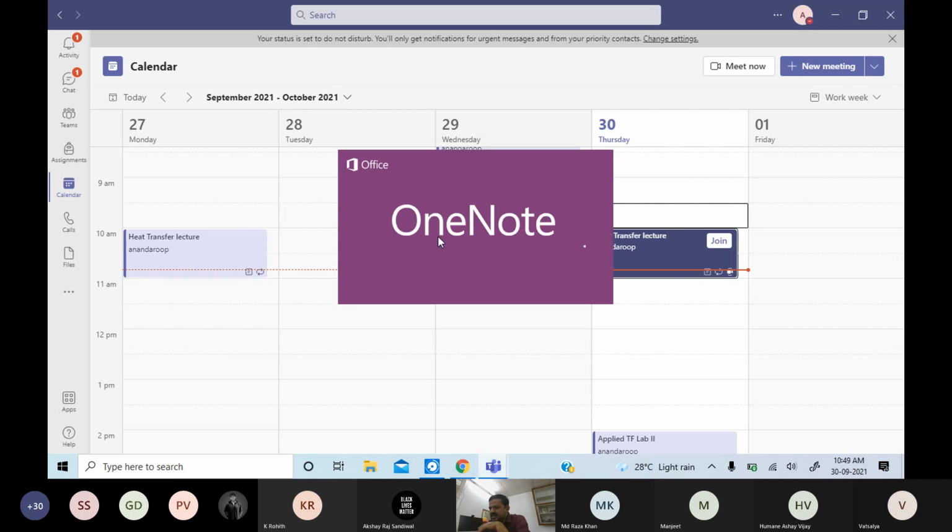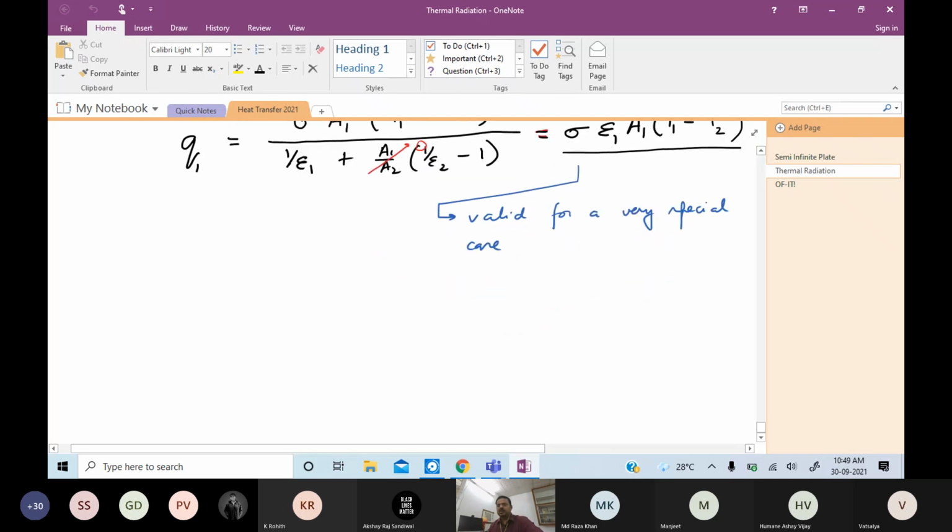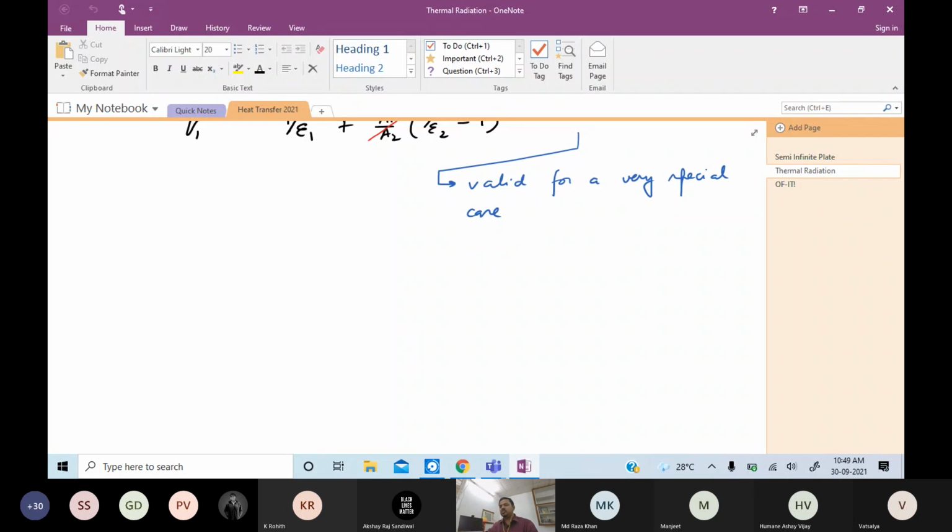As I said, I deliberately, probably I could have saved one lecture if I had just taught you a very mathematical tool, but I wanted to go through this ray tracing thing for you to understand physically what happens. I can get this expression very easily using what we are going to learn now, which is called the radiation network method. But that is the last part.